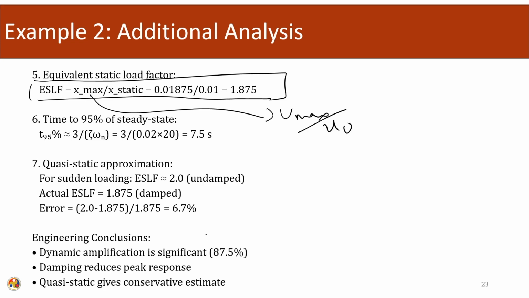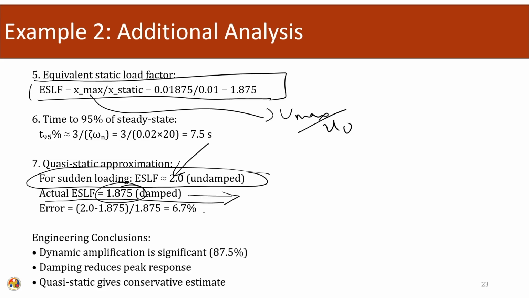And from here we can see that for certain loading the approximate value for ESL is 2.0, but the actual ESL that we are calculating is 1.875. So, our calculations are more accurate.